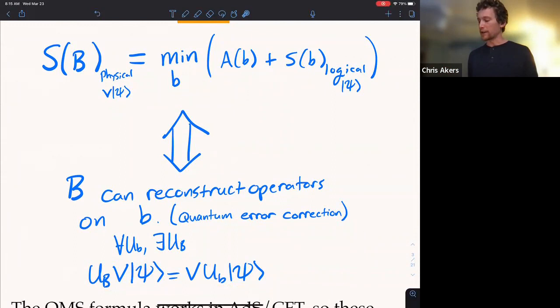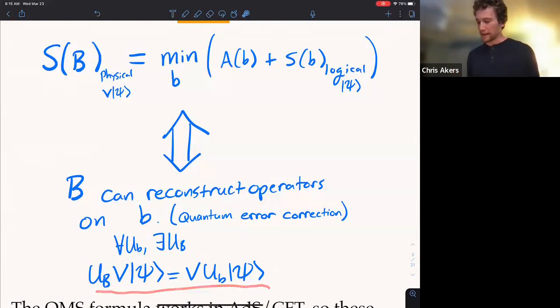If you had taken your input state, the one in the Hilbert space of all the little b's, and acted that unitary on it, and then acted V, so encoded it to get a state on the capital B bar system, you could have gotten the same state by first taking your input state, not acting this U little b yet, just encoding with capital V, and then acting that particular unitary on capital B. You would have gotten the same state.